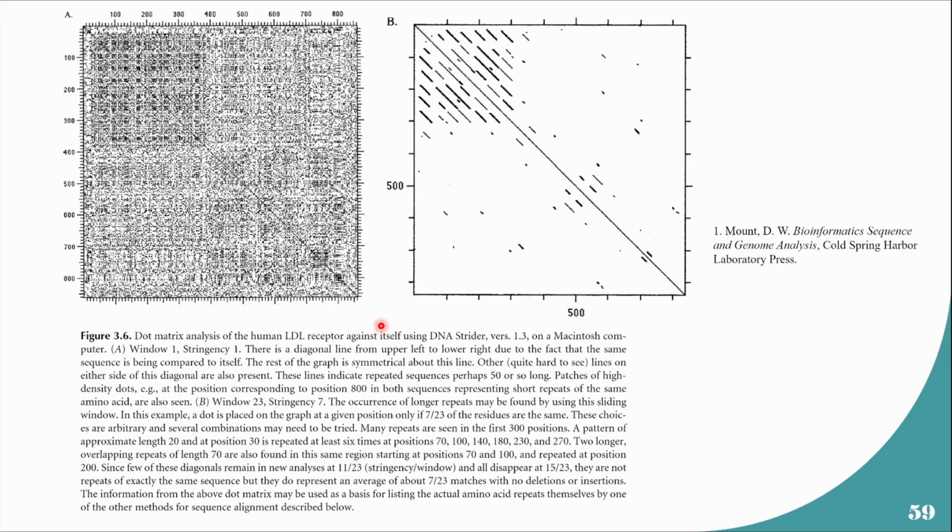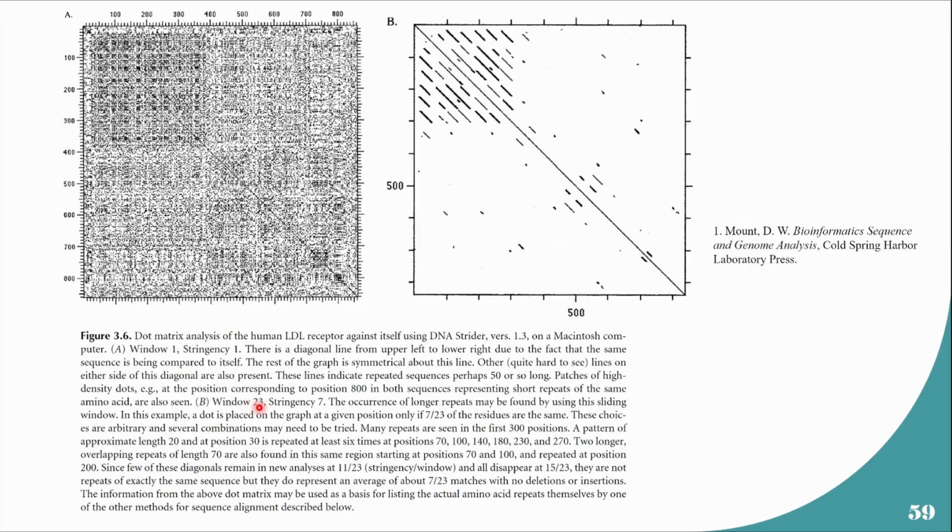So for that only the window size, stringency and window step sizes were invented or used. One good example would be here. From the left hand plot, you will see a character by character match is putting a lot of dots inside this plot. Probably you cannot find a good pattern in this plot. On the right hand side, of course, you will see that the number of dots is much less. However, there seems to be some sort of pattern present here.